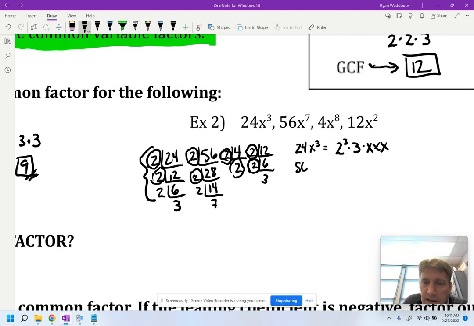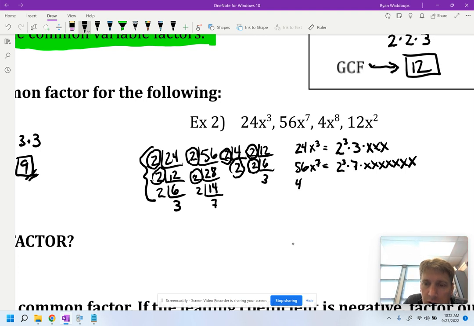And 56x to the 7th, I can write as 2 to the 3rd power times 7 times x, x, x, 1, 2, 3, 4, 5, 6, 7.